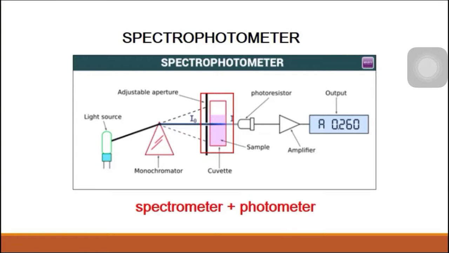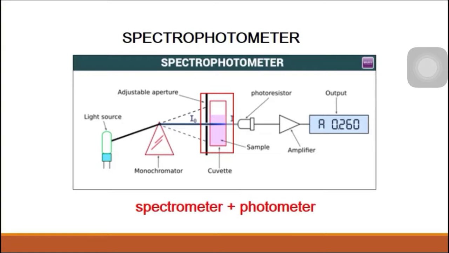Also take note for spectrophotometer, we use either single beam spectrophotometer or double beam spectrophotometers. A single beam spectrophotometer uses a reference standard to measure light intensity before and after the sample is loaded.